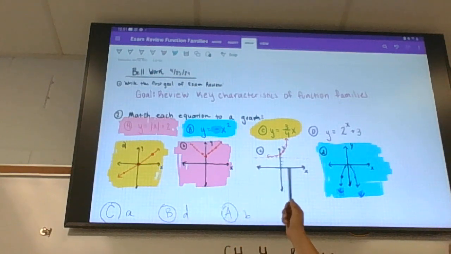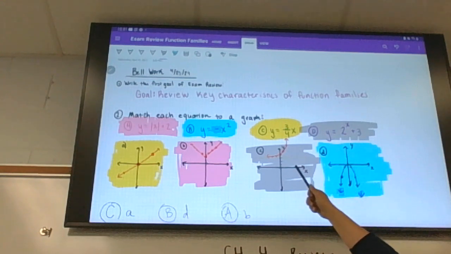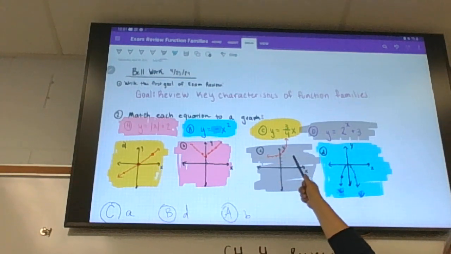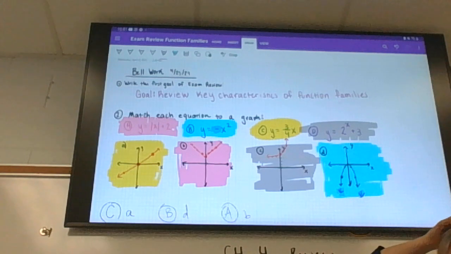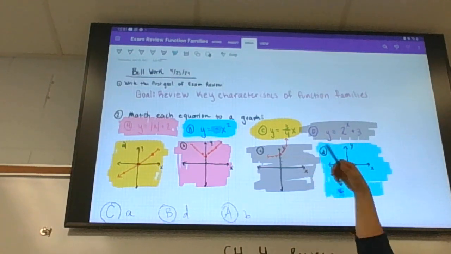So these are function families, and our goal today is just to figure out function families again. Last one, letter D. And that goes with this last graph. That's called an exponential function because x is up high. It's like the credit card graph that we did. Sean, what's another giveaway? What could I match here to help me figure it out?